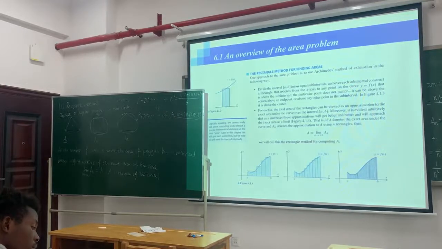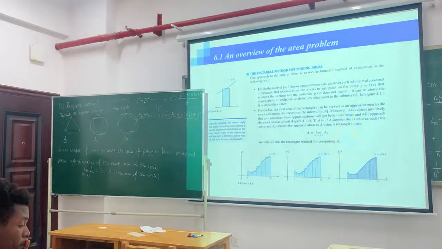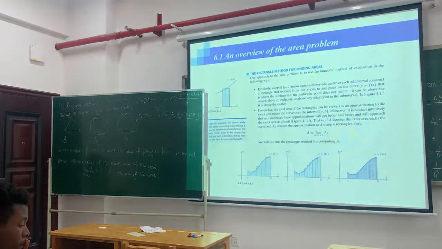Divided by 6n squared. So when n goes to plus infinity, this goes to what? This goes to 0. Here is n squared, here is n squared.